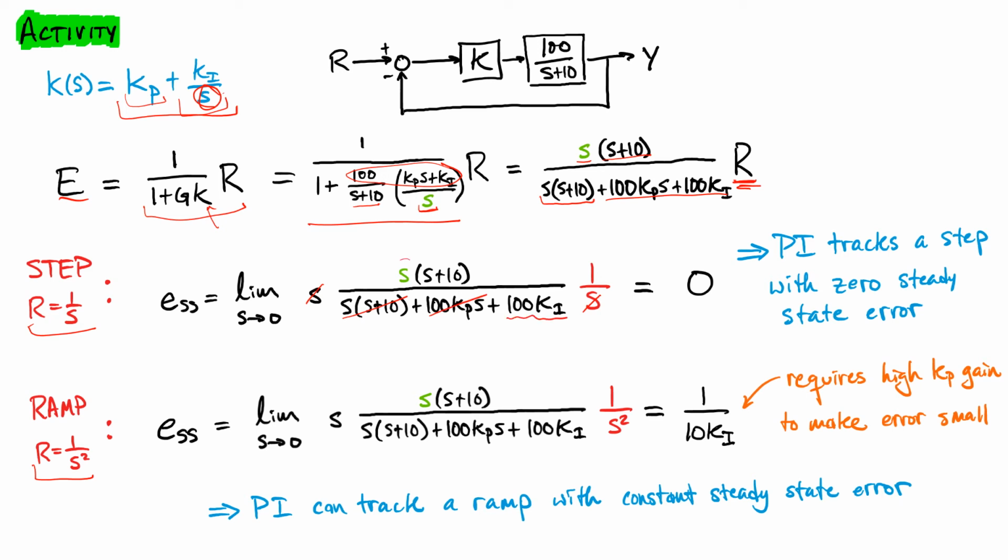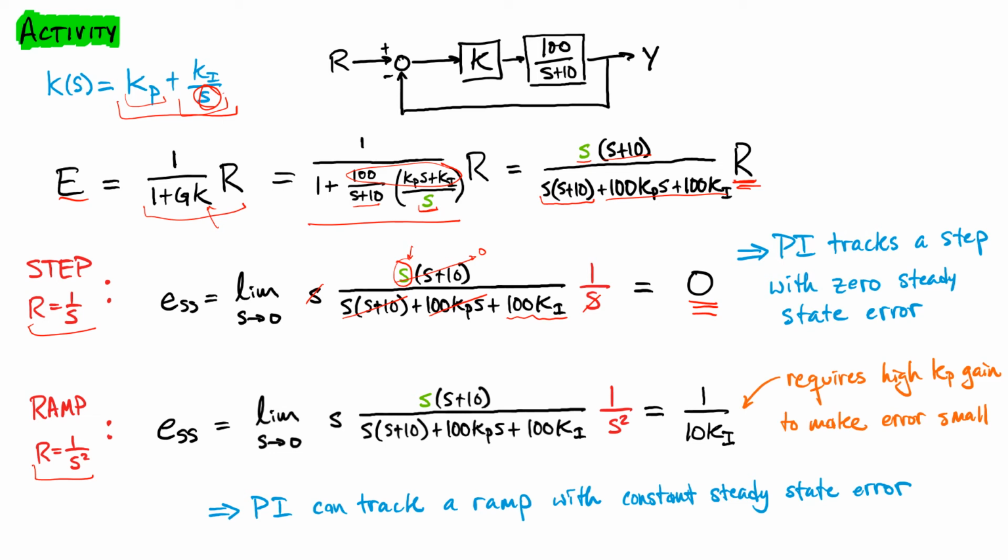But in the numerator, this extra factor of s essentially makes the whole thing go to 0. You could multiply this out and get the same result, but you'll see that this independent factor of s is what is driving the whole numerator to 0 and what's creating a 0 steady state tracking error.